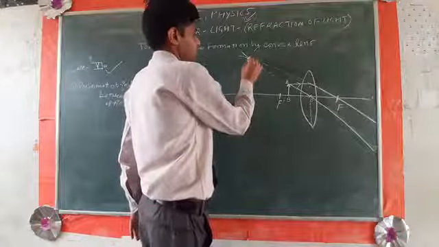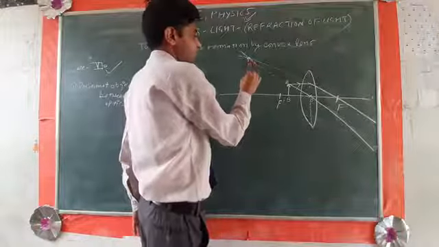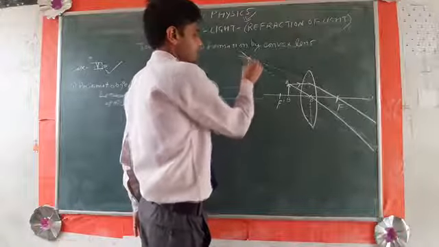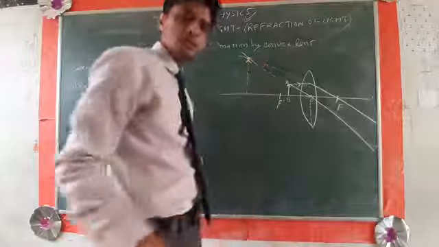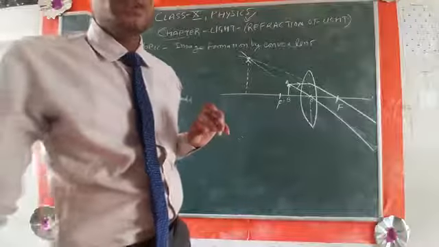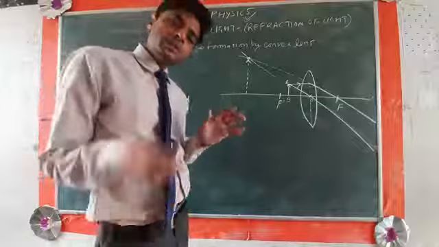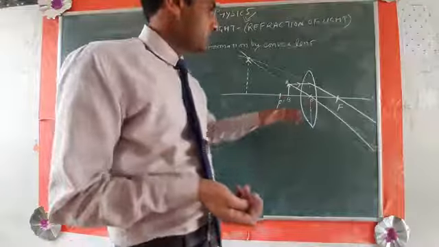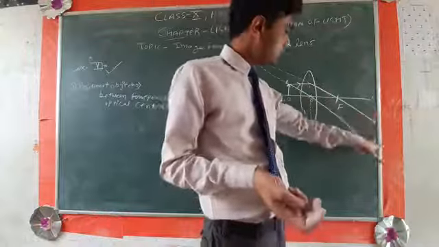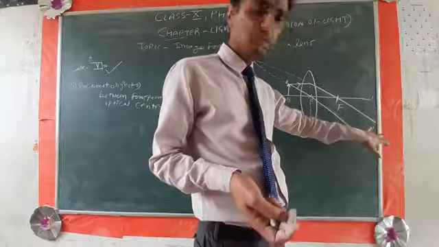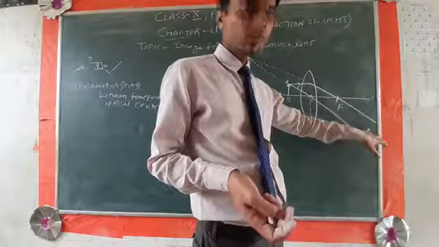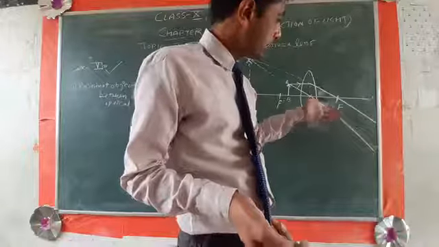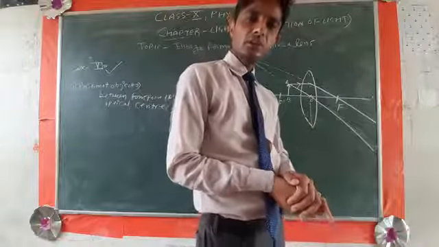So at this point the image is obtained. As you know, the image is obtained when the rays of light intersect each other after refraction, and these rays of light never intersect behind the lens and are not parallel to each other.